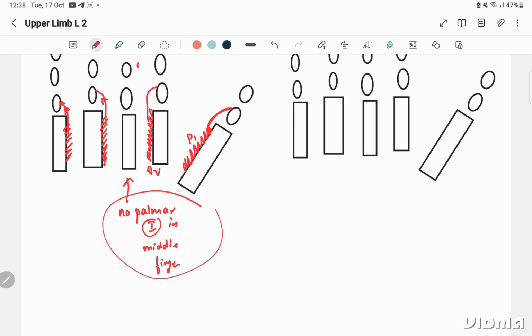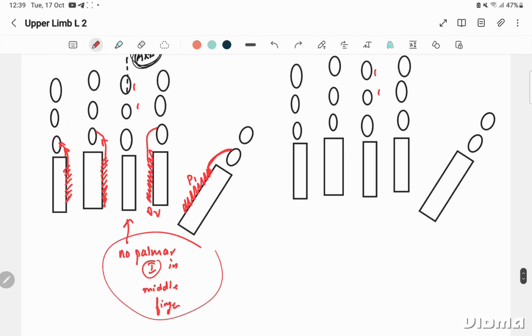P1, P2, P3 and P4. This P1 can also be absent because we already have the adductor pollicis for this. So it is just rudimentary, but it is present in most individuals.